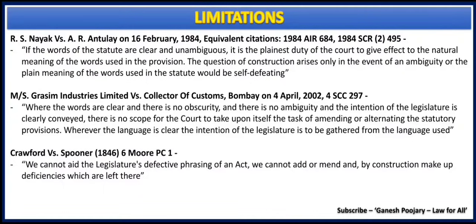If there is some minute requirement to give the right intention of the statute or to achieve the right intention of the statute, of course the court can do some amount of construction. But if the intention itself is not clear, if there is defective phrasing or deficiencies available, in that case the court should not take too much liberty to amend those acts. That is what was held here.